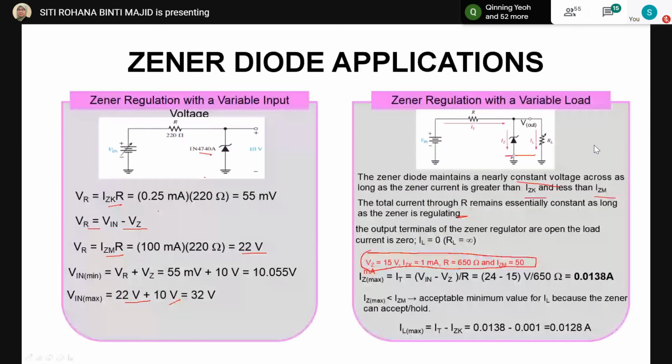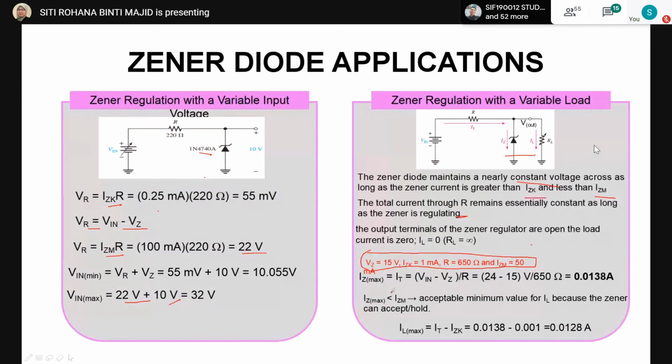For example, IZ max: we want to know the value for this zener, the maximum current that can be applied to this zener voltage. So we can calculate from V input minus VZ over the R, because V equals IR from Ohm's law, and then we get this value.